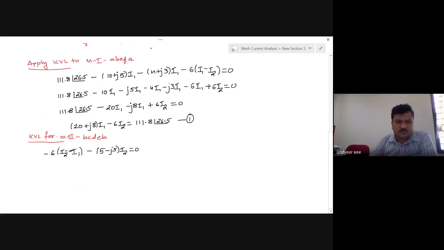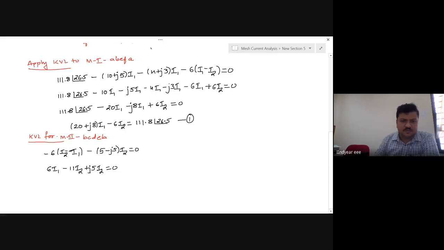So rearranging, it is 6I1 minus 6I2 minus 5I2, that is minus 11I2, plus J5I2 equals 0.